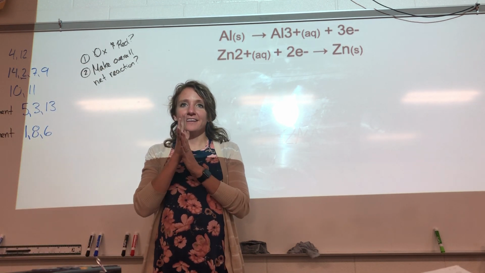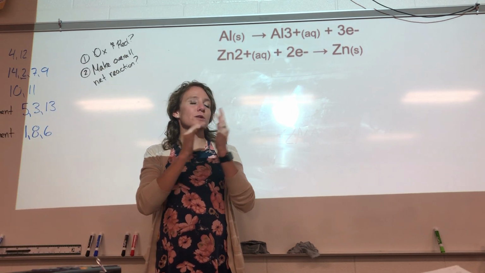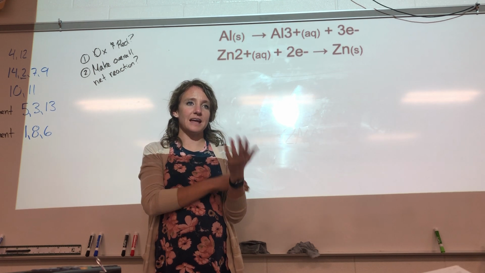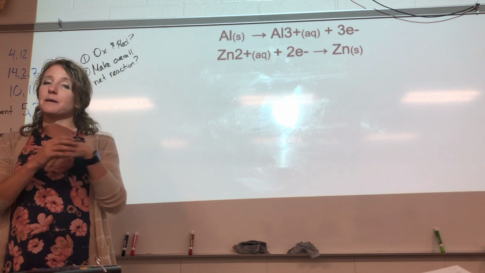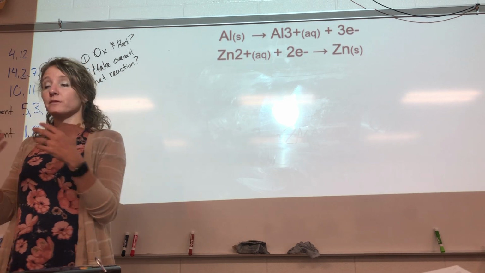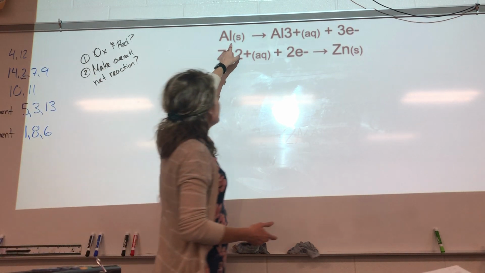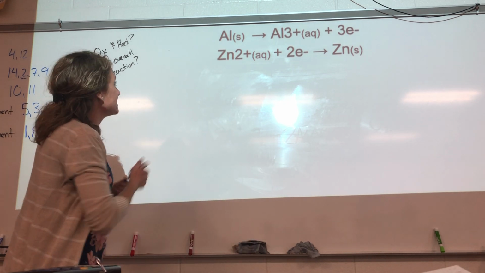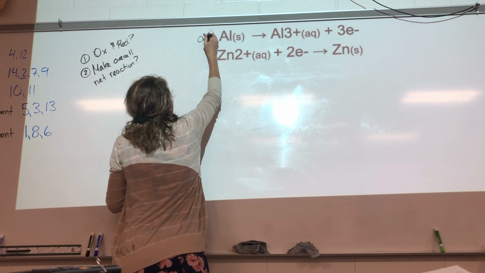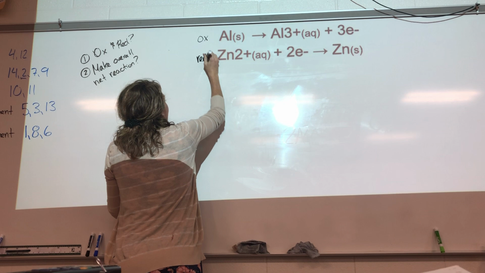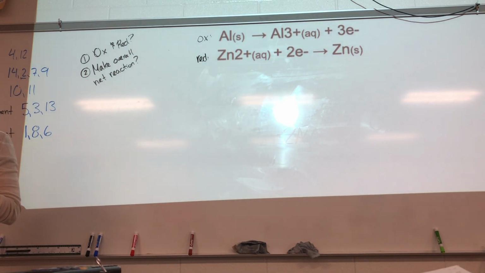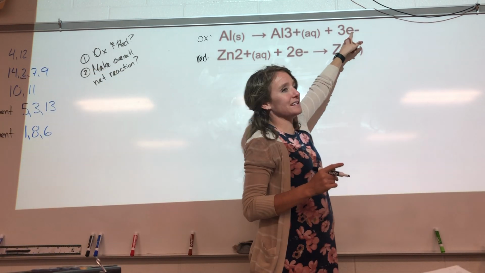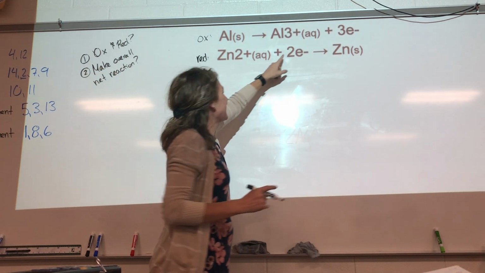Okay, everyone, eyes up here. So when you're going in the other direction and writing an overall reaction, once again, the number of electrons lost has to equal the number of electrons gained. In this reaction, first off, you can have a smiley face if you labeled this one as oxidation and this one as reduction. So 2 smiley faces there. But then, this one is losing 3 and this one is gaining 2.